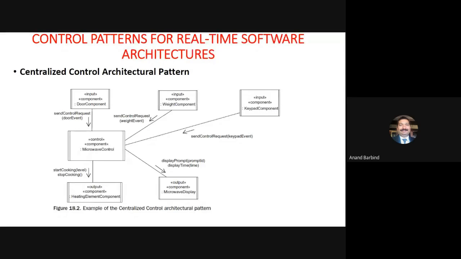So the centralized control architectural pattern can be specified in this particular form. The constituent components in such a centralized control architecture pattern may look like this. For example, this is the centralized control architectural pattern for a particular system, in which the input components are the door component, the weight component, and the keypad component.